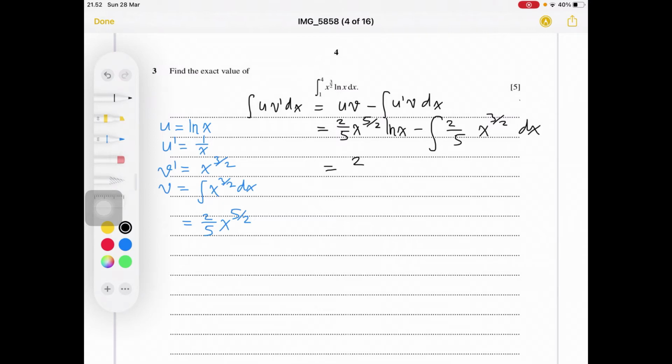The integration will be 2 over 5 x to the power of 5 over 2 ln x minus 4 over 25 x to the power of 5 over 2. And then after this one, we substitute the lower and the upper boundary of the integration, which is 1 and 4.